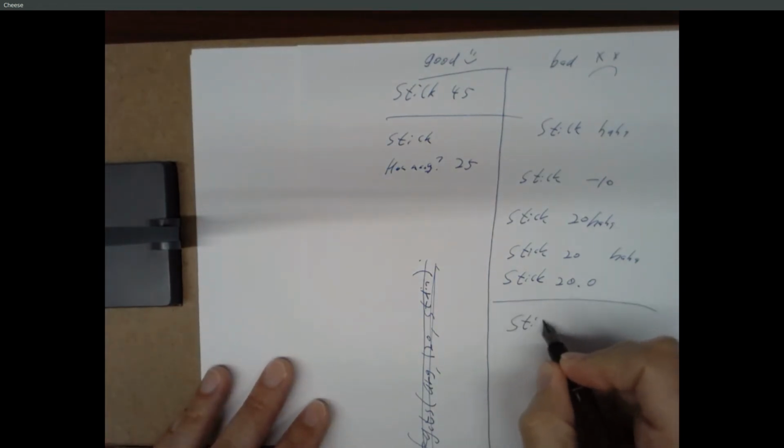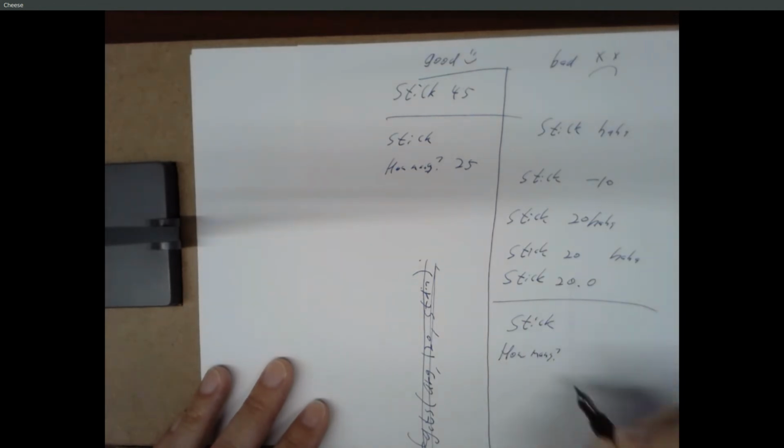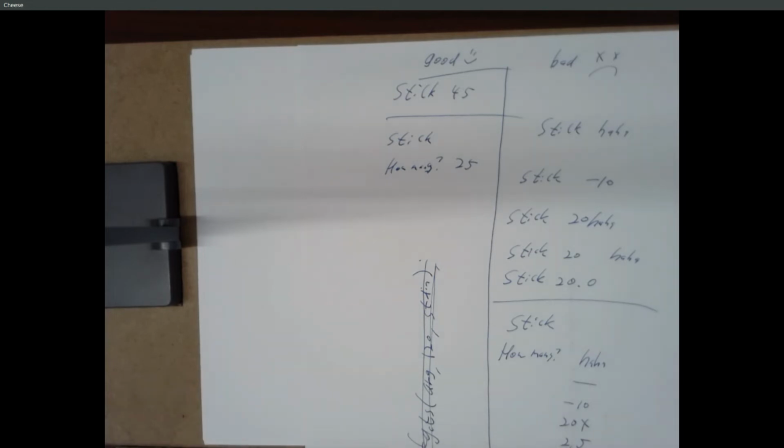Or if they just say stick and the program asks how many, and they type in haha, or nothing, or -10, or 20x, or 2.5, or 2.0, or 12.0. Those are all errors, right? So any of those conditions, print an error message, exit.